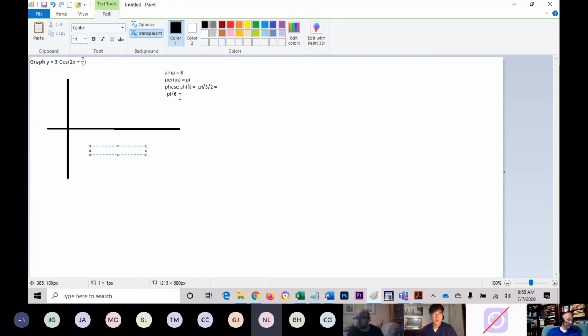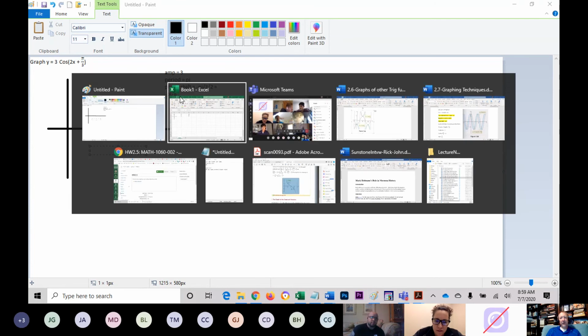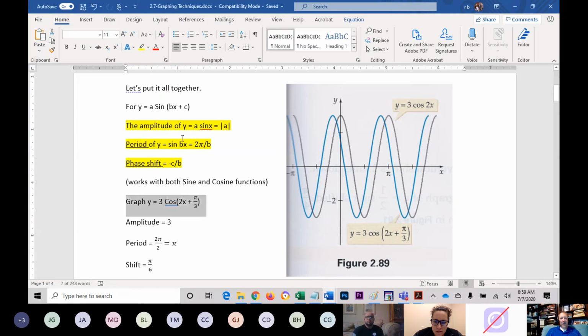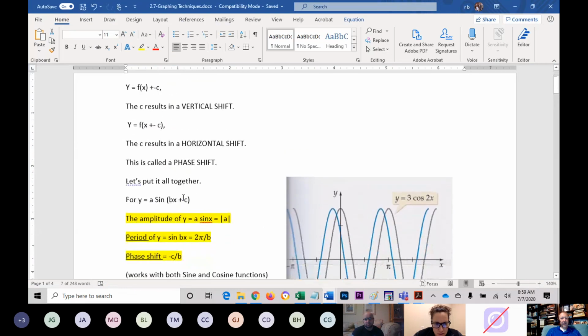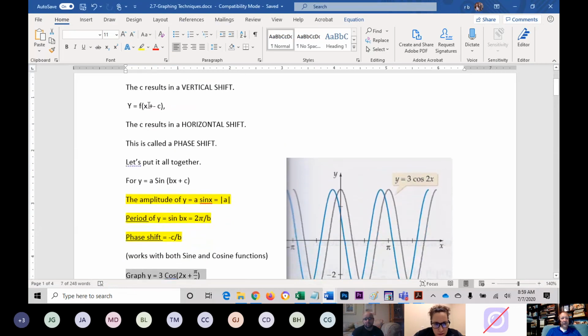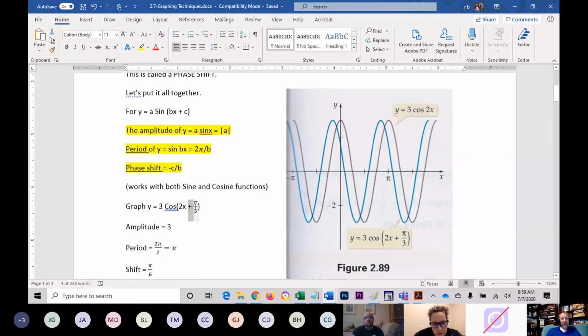I have a quick question. Why is it negative when it says plus pi over 3? Okay, so remember, when it's in the parentheses, it always goes in the opposite direction. The phase shift formula is negative c over b. So since this is positive pi thirds, it's going to be negative pi thirds.